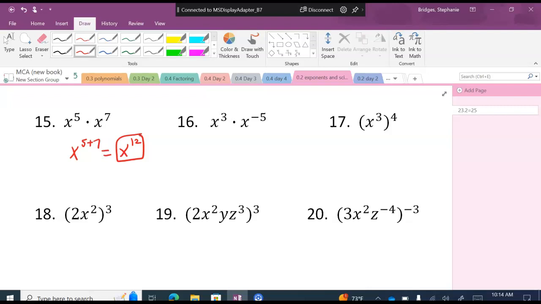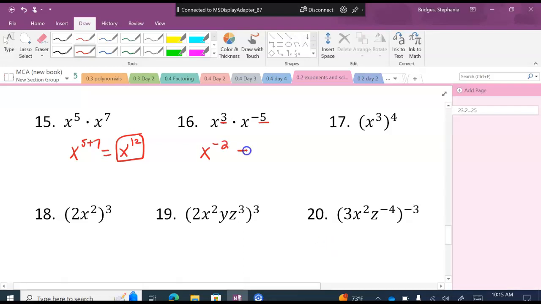Does 16 look just like 15, essentially? Multiplying the same base. So we need to keep that base, and we need to add our exponents. What do I get when I add 3 and negative 5, though? Negative 2. The thing is, we cannot leave negative exponents in our answers. This is a variable, so I can't just rely on my calculator. I have to know what to do with it to get rid of that negative exponent.